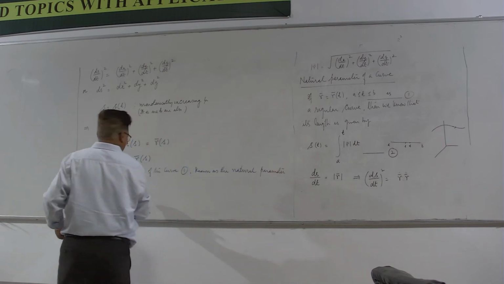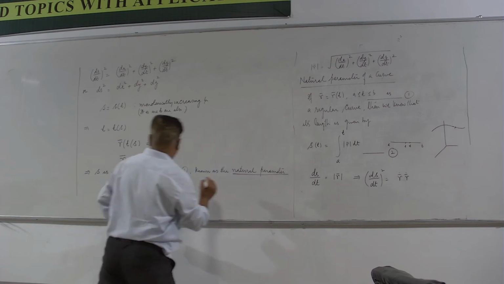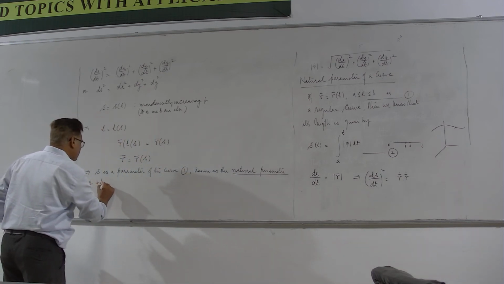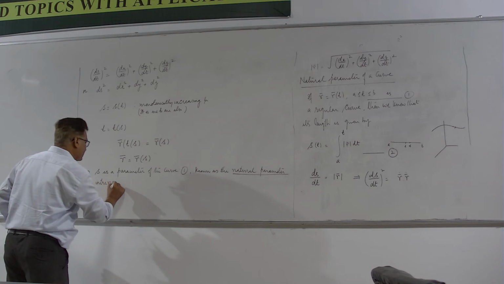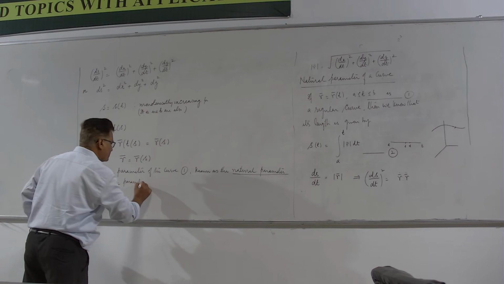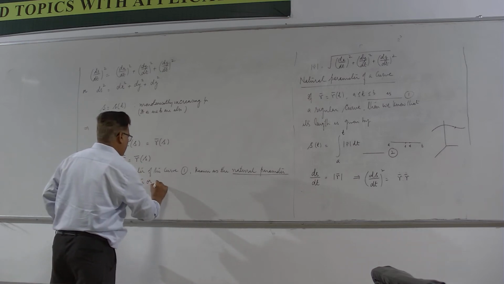Sometimes we also call it the intrinsic parameter, or some people call it the arc length parameter.